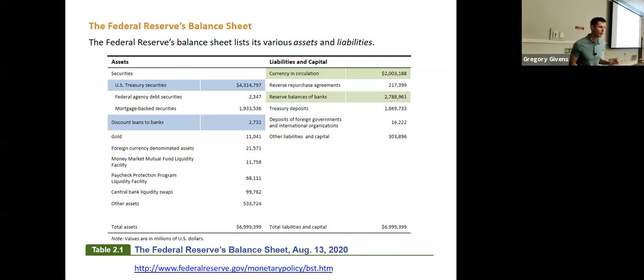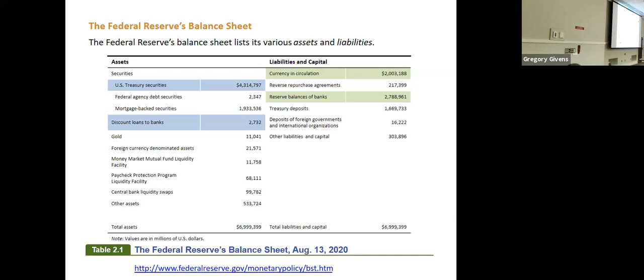Okay, do you guys have any other questions about this? So as we move forward here and we talk about the Fed's balance sheet and about how their actions change the balance sheet, we're going to focus on these 4 entries. So I want you to be familiar with all of these. In particular, if I were to tell you, is a Treasury deposit a liability or an asset, you should be able to place it properly on the Fed's balance sheet, right?